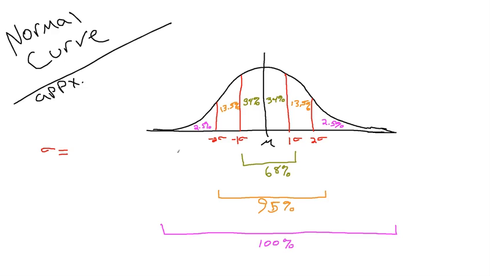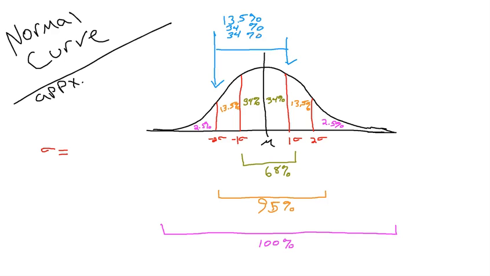And if you get a question that says, what percentage of your scores falls between -2 standard deviations and 1 standard deviation, all you have to do at that point is add 13.5% plus 34% plus 34%.